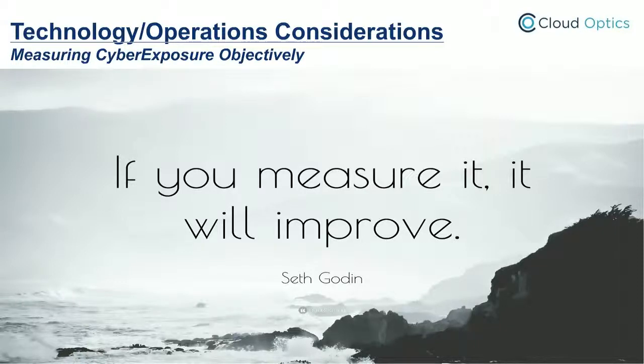So what we need to do from a technology and operations point of view is define our cyber exposure objectively and then measure it over time, so we can find what our cybersecurity posture is across the assets, across the tool sets, across the processes, etc. That way we can have a comprehensive view of our cyber exposure, and we can take steps to fix that.